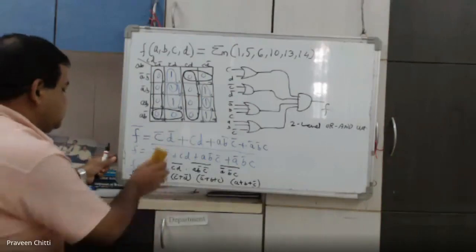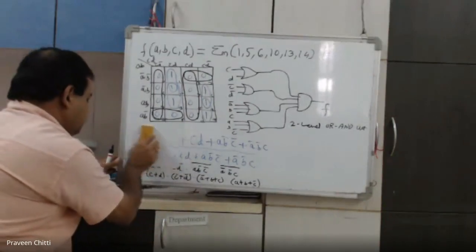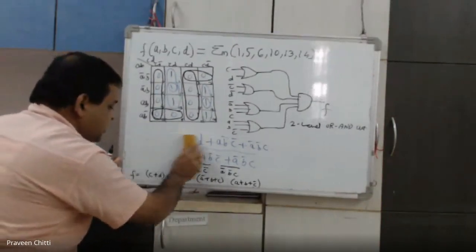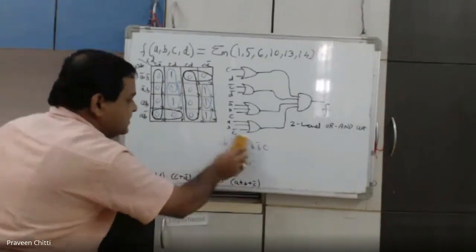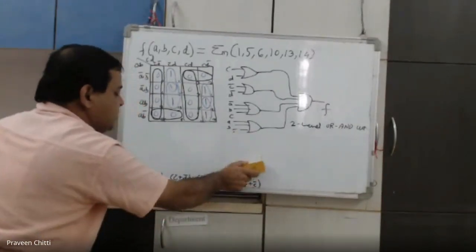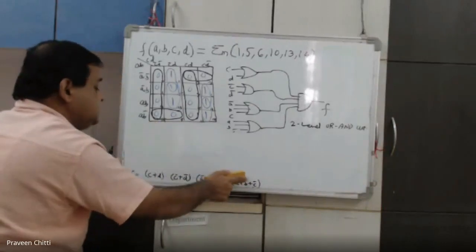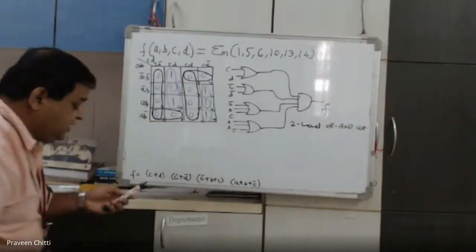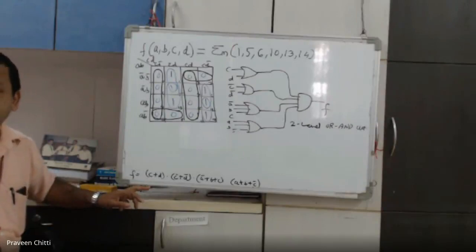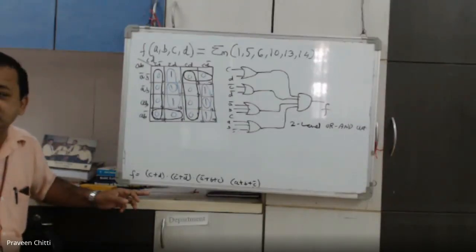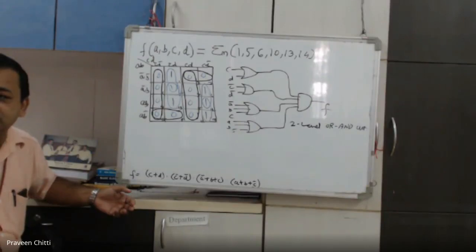This expression you need to factorize, and once you factorize it, you can draw a 3-level circuit. So how can we do the factorization?